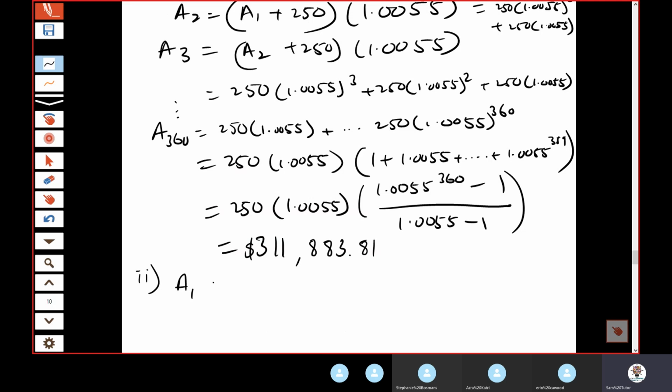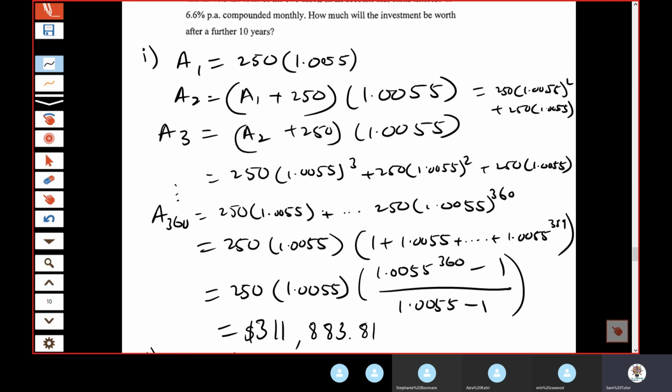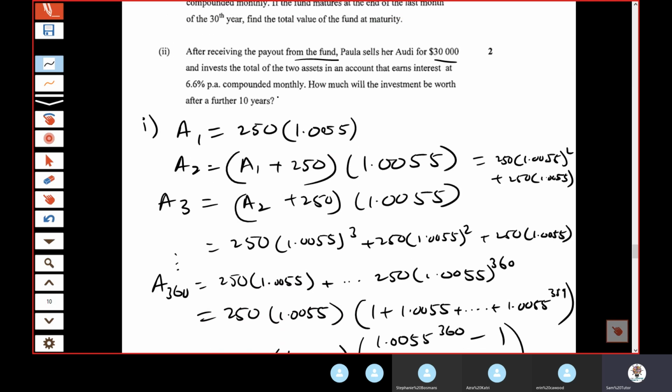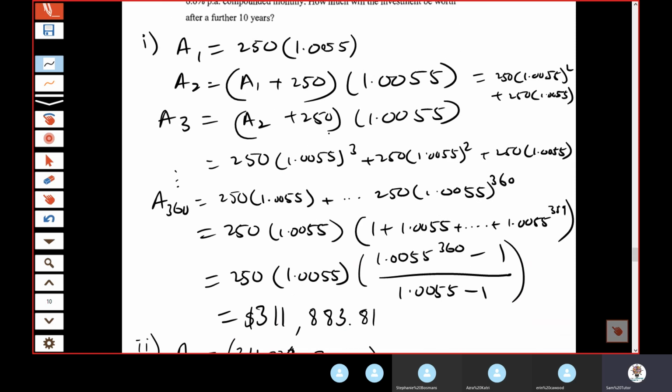A1 would be 311,883. Let's just do that. 884 plus $30,000 on top. That's the amount that she'll have. Hold on, but she's not putting that in every month. That's a one-off, correct? And it's just going to be compounded monthly for 10 years. So that's just your compound interest for 10 years.